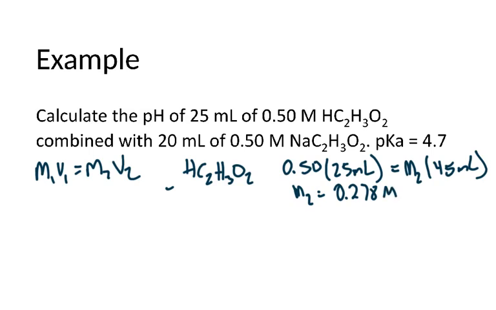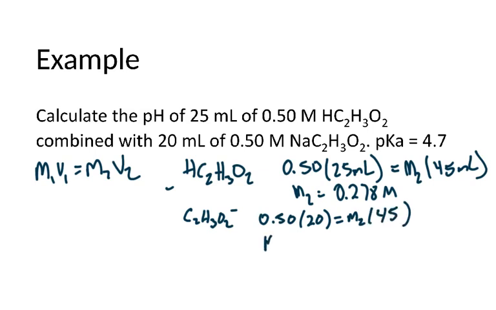We can do the same thing for our C2H3O2 minus, where we have 0.5 times 20 is equal to M2 times 45.